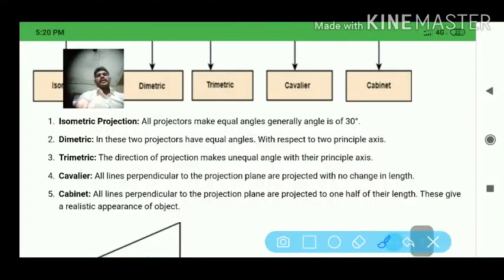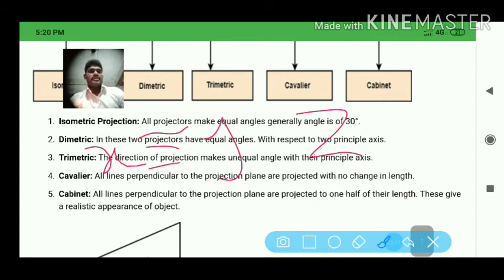What is meant by all projections make equal angles? Generally the angle is 30 degrees. So here the x coordinate, y coordinate and z coordinate, all projections make equal angles.